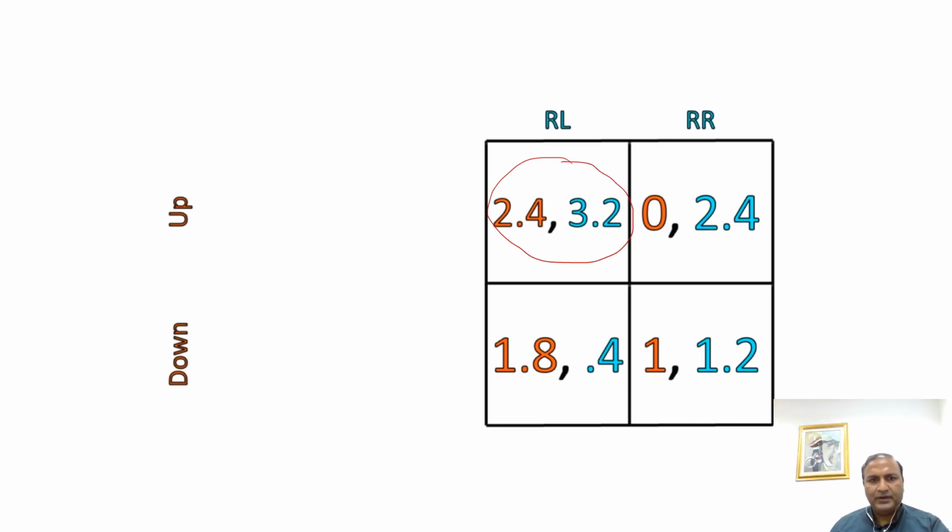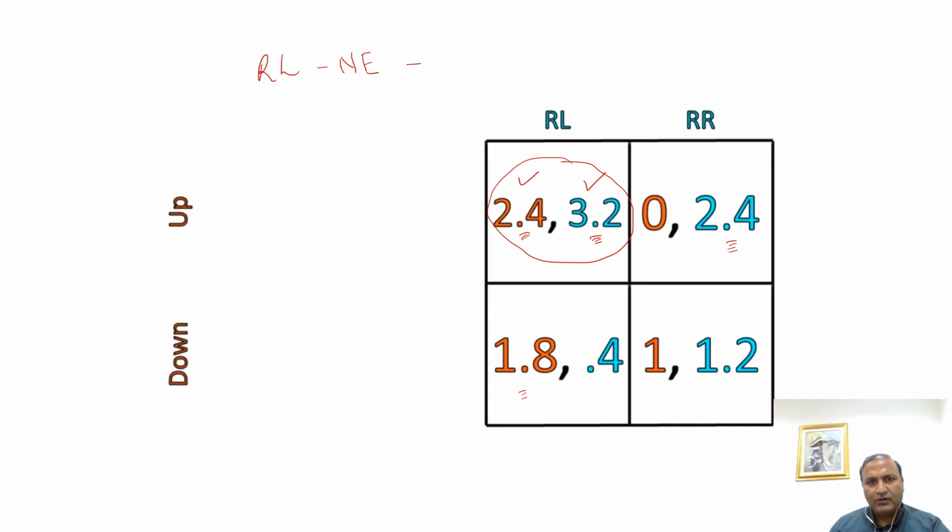Player number 1 is getting 2.4 here. If he deviates to down, he gets 1.8. So there is no incentive for player number 1 to change. Player number 2 is getting 3.2 here, and if he changes to RR, he gets 2.4. So there is no incentive. So it means RL is a Nash equilibrium.